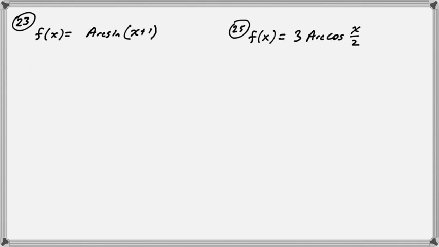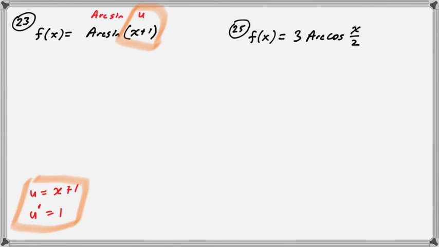Next one, 23. I have a formula for the derivative of arc sine of u. We've determined here that u is x plus 1. So its derivative, u prime, would just simply be 1.